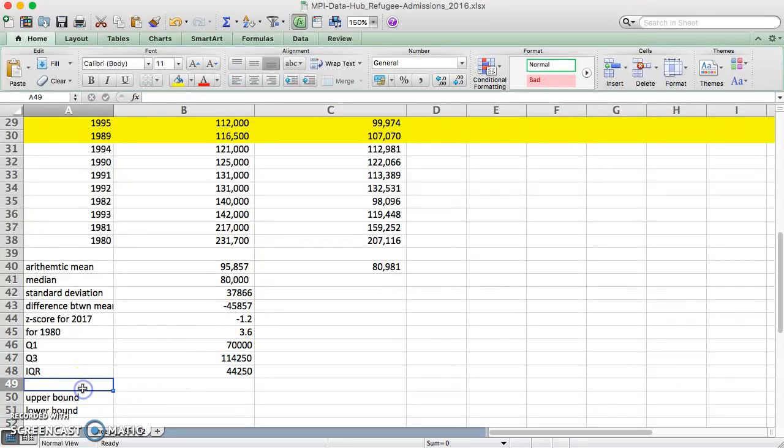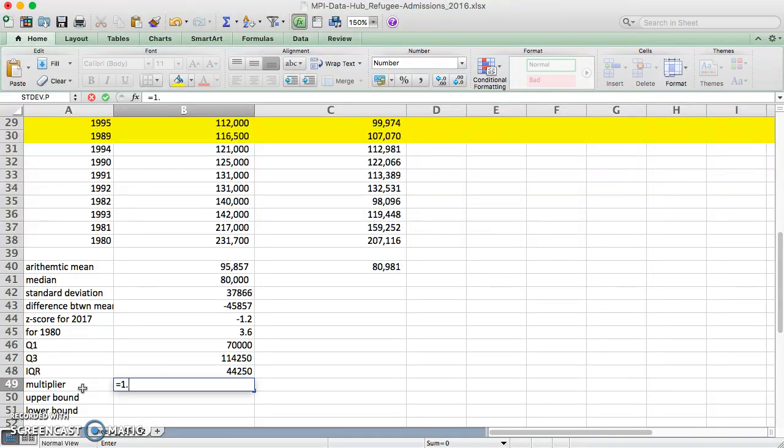I actually think it's nice to have the multiplier as a separate cell, so that's just 1.5. Again, I find it's helpful for keeping track of the steps involved. There's no prize for doing these things in fewer steps, to be perfectly honest. And if you get confused about what's happened, this is a very nice way to clearly delineate your steps.